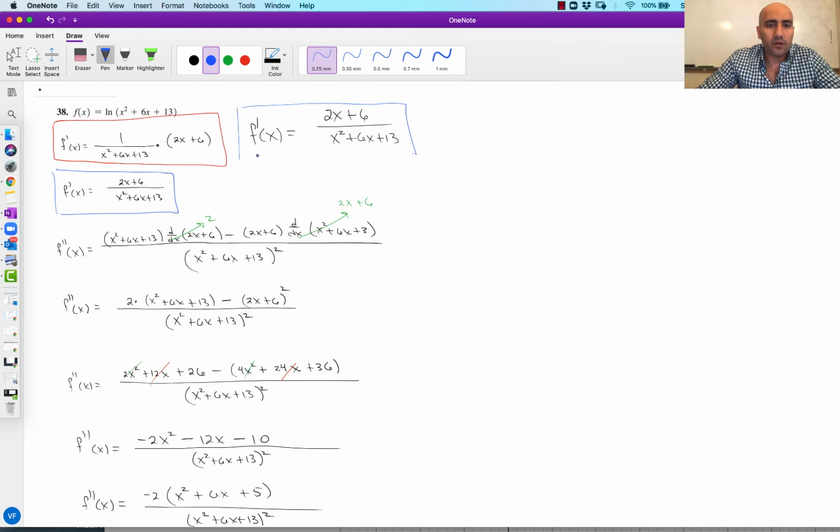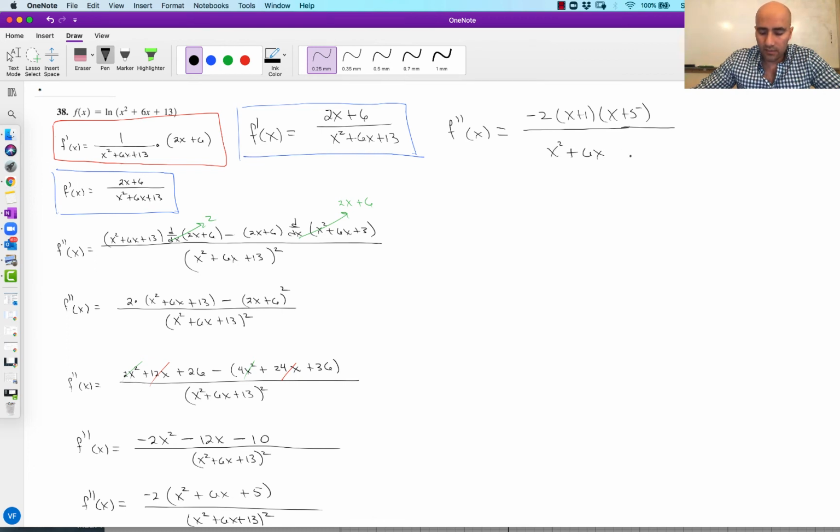And then after a lot of work, we discovered that the second derivative of this function is equal to a fraction with a negative 2 and then an x plus 1 and an x plus 5 over x squared plus 6x plus 13, and all of that gets squared.